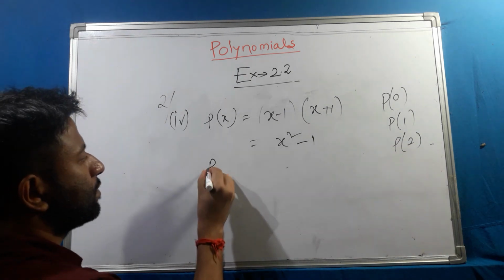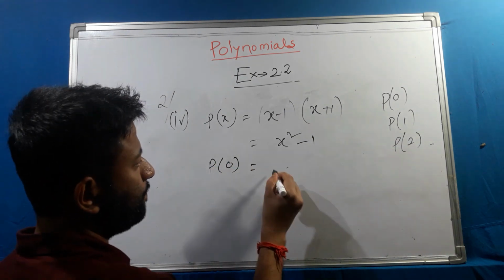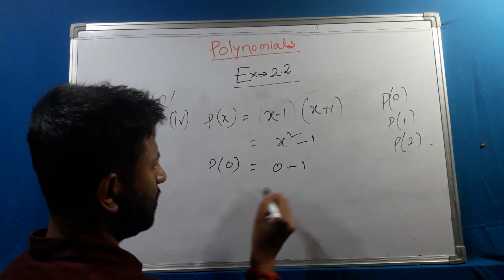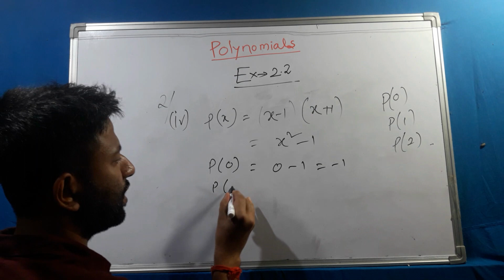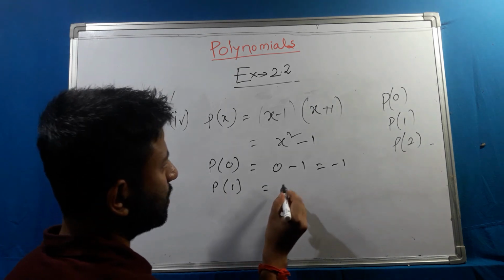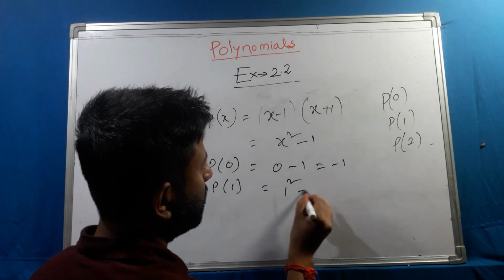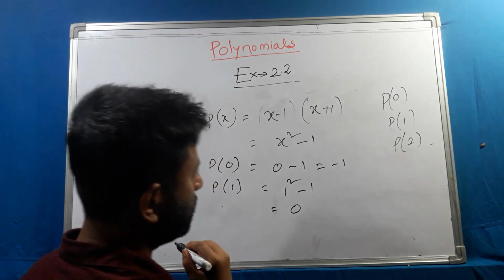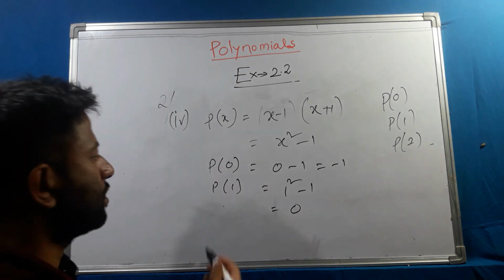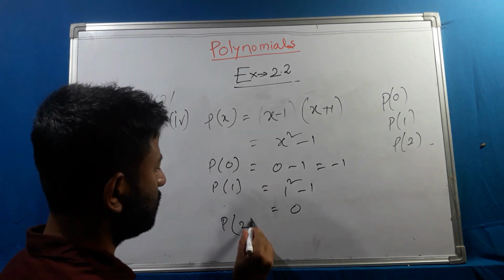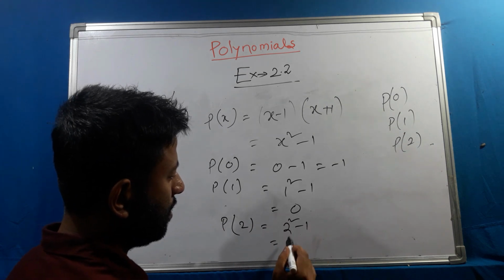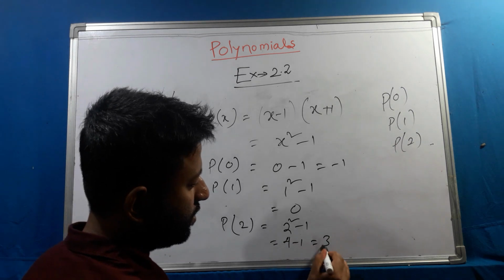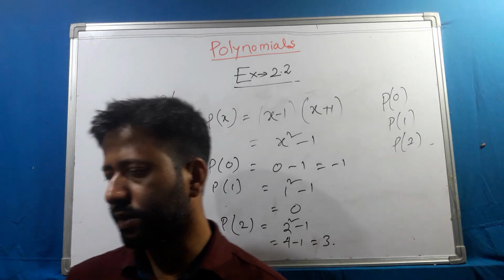If I put p of 0, it becomes 0 minus 1, that is minus 1. If I put p of 1, it becomes 1 square minus 1, that is 0. And if we put p of 2, it becomes 2 square minus 1, that is 4 minus 1, that is 3.